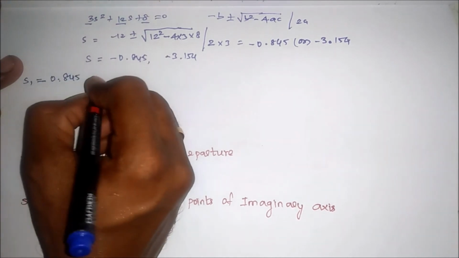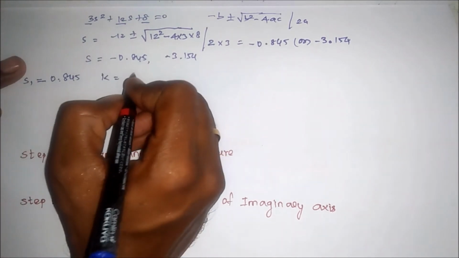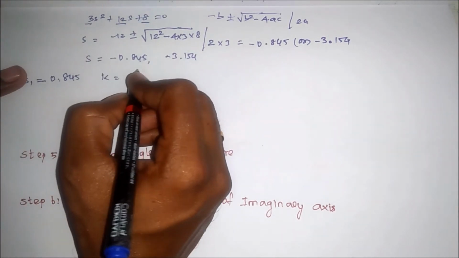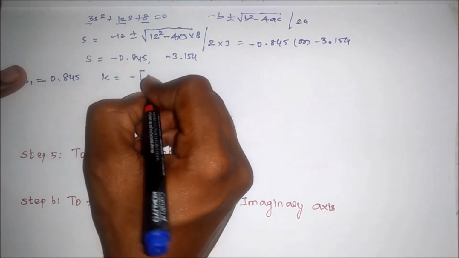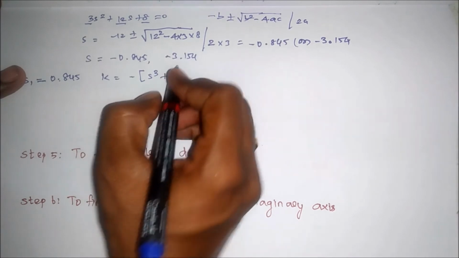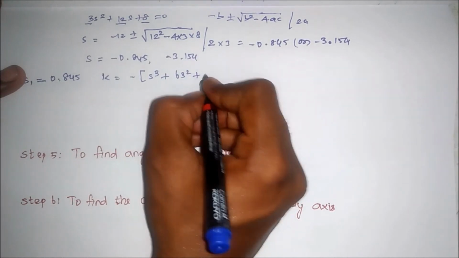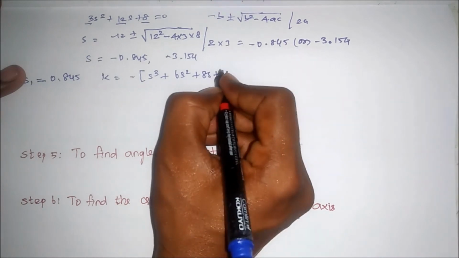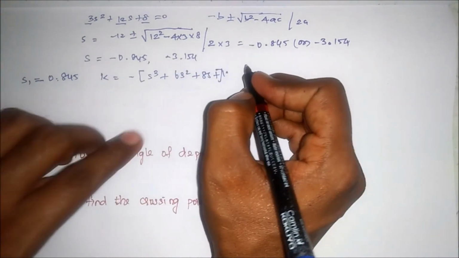So now we have to substitute first s1 value minus 0.854 into k equation, k equal to, so we know k equal to minus s cube plus 6s square plus 8s. So now we have to substitute this s1 value.